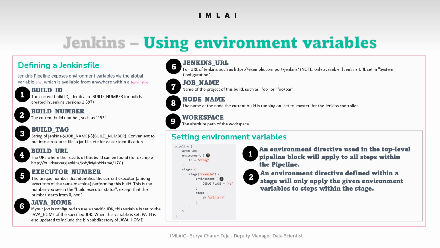We will do three exercises. One is using pipeline script from Jenkins, another one is using Jenkinsfile from SCM, and the last one is also using SCM. So we will do the three examples. Okay, let's begin.